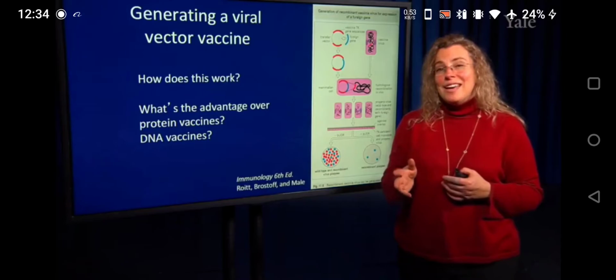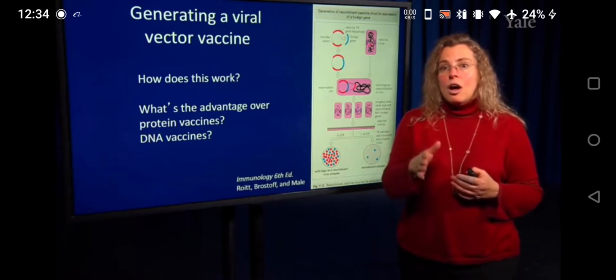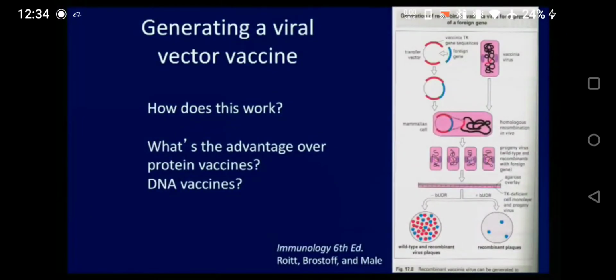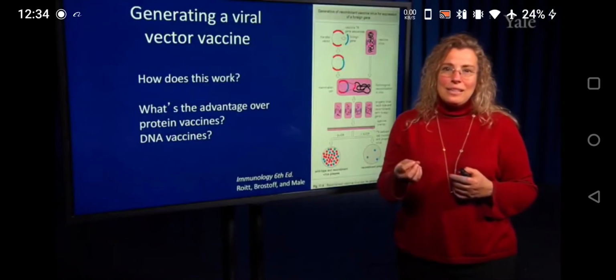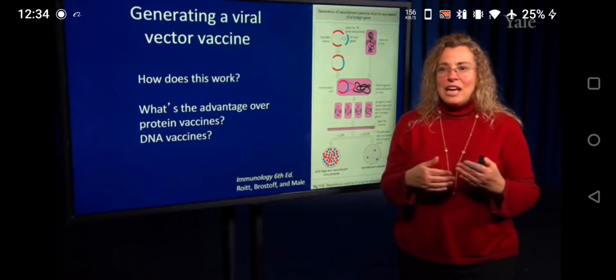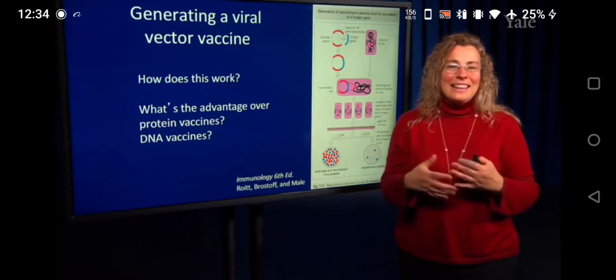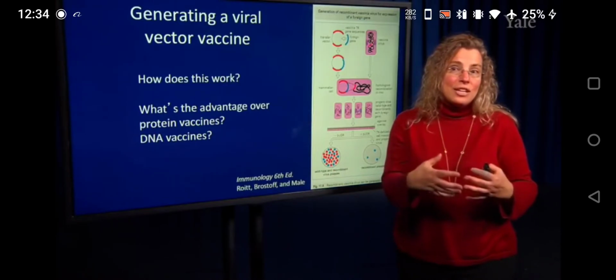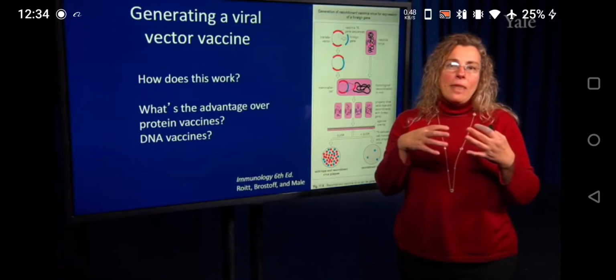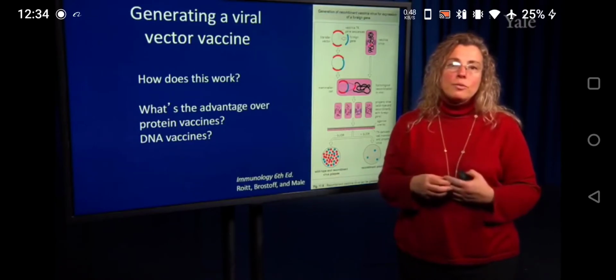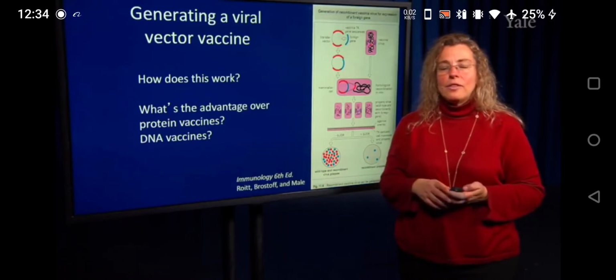So then we should generate a strong memory response to any additional antigen that happens to be included with that vaccinia virus. And that's the advantage over a DNA vaccine, where there isn't really an infection and there isn't really anything that causes inflammation that would give you a stronger immune response like you actually get with an infection.